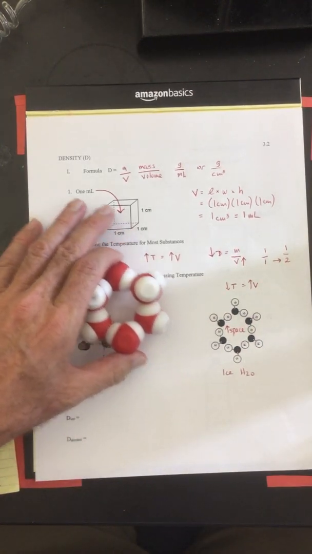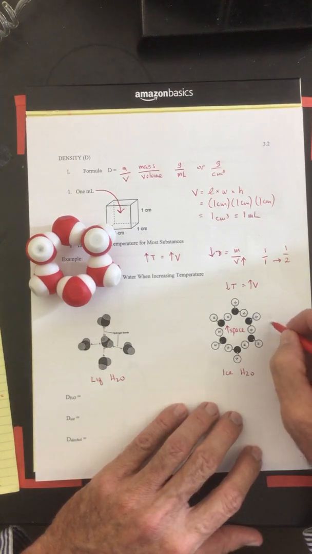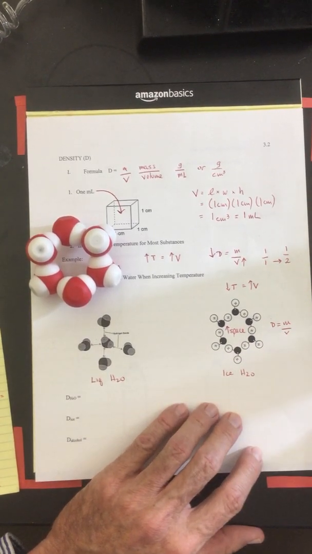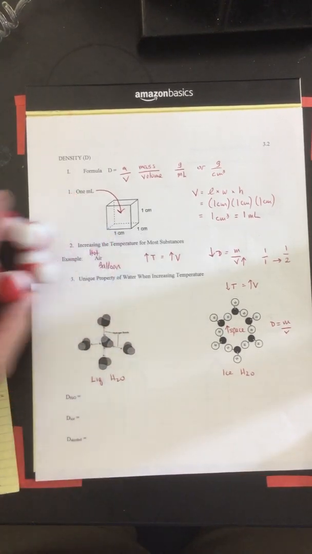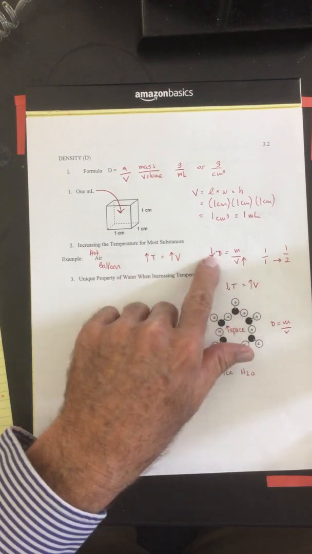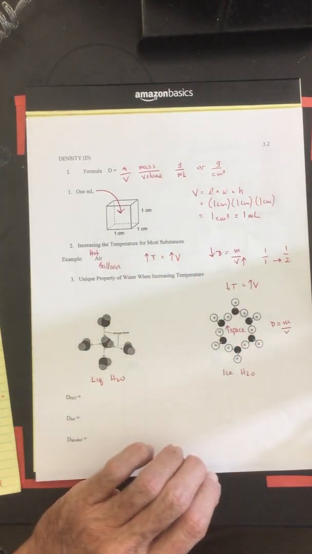Well, let's take a look at the formula now for density. Density is equal to mass over volume. So previously, when we increase the volume, it's going to decrease the density, and it's the same thing here.